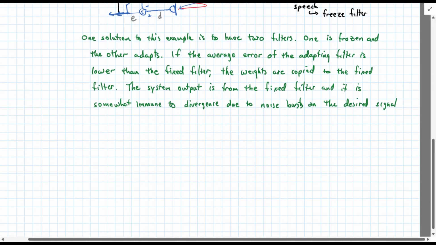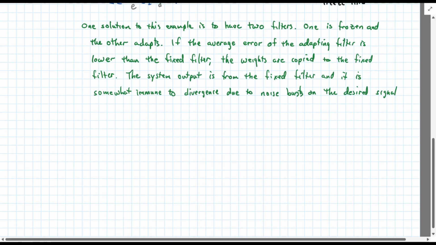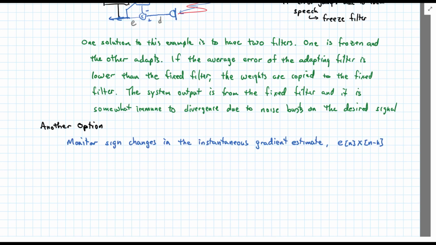So here's another approach that gets rid of that whole issue, and that is we're going to monitor the sign changes in the instantaneous gradient estimate, E times x. Now, we can increase our mu if the sign is the same for multiple successive updates.